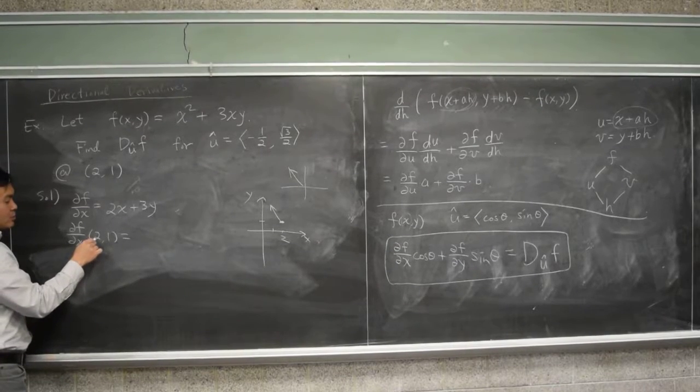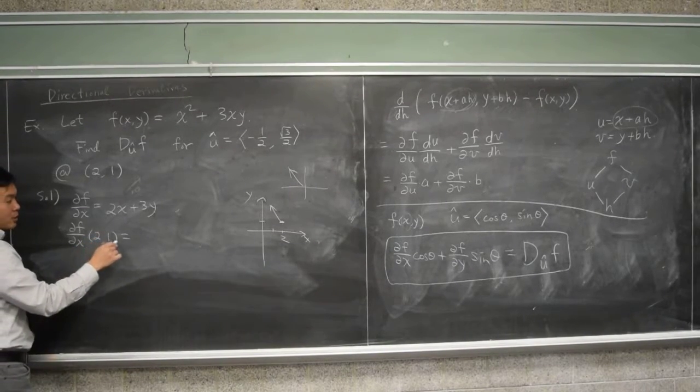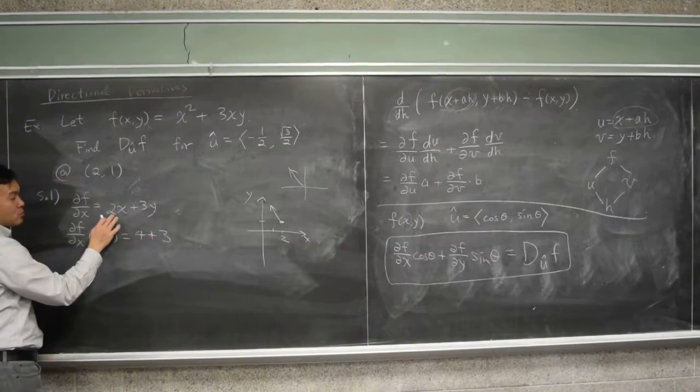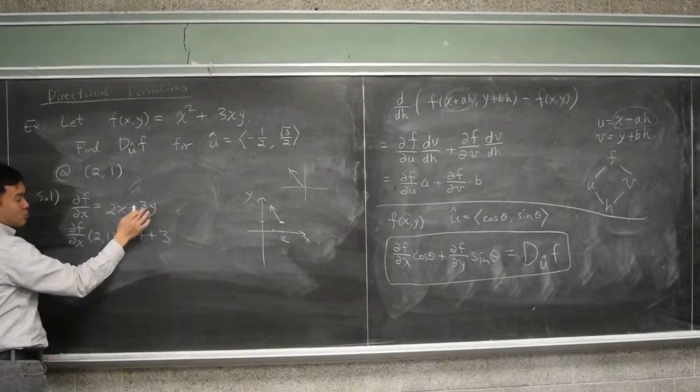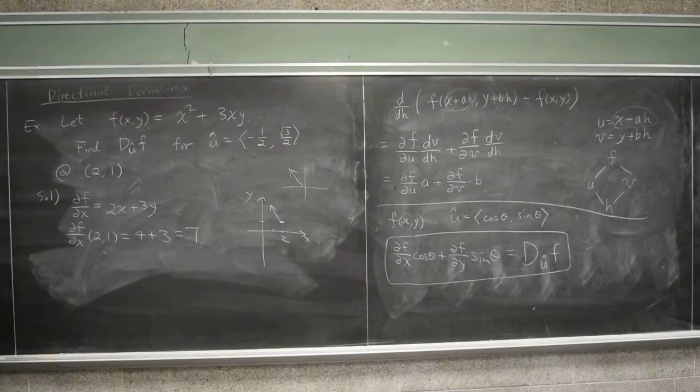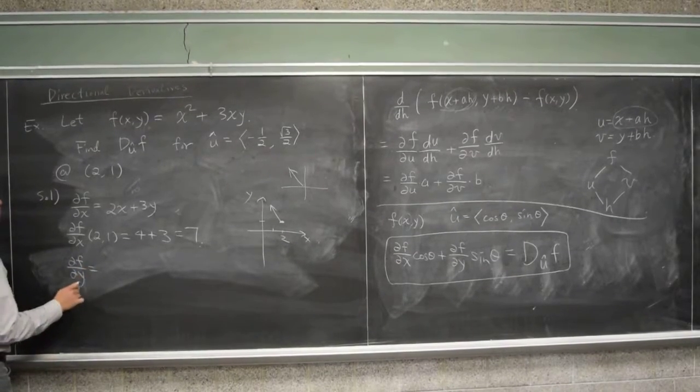This means x is 2 and y is 1. So that's 4 plus 3, because if x is 2, 2 times 2 is 4, and if y is 1, 1 times 3 is 3. So you get 7. And then, if you find round f round y, what's that?